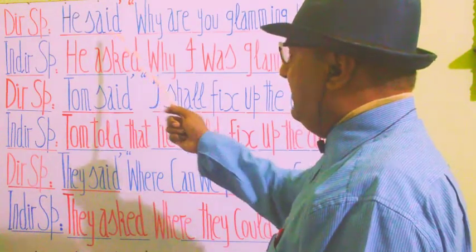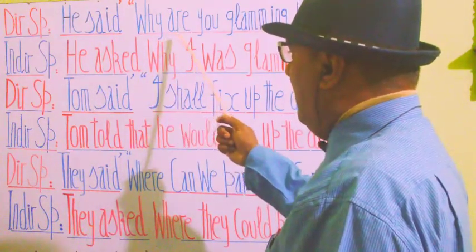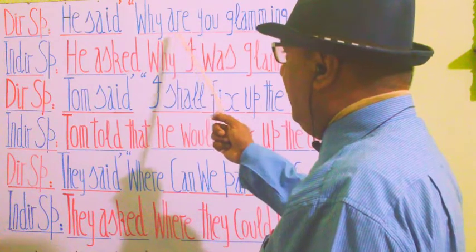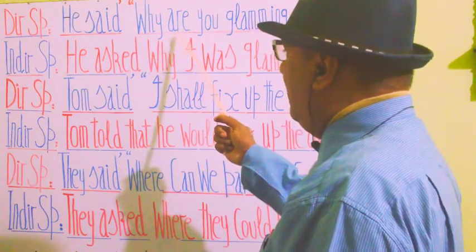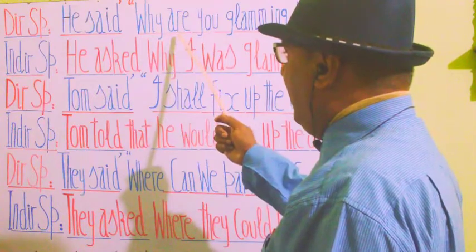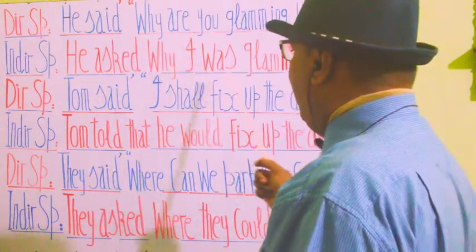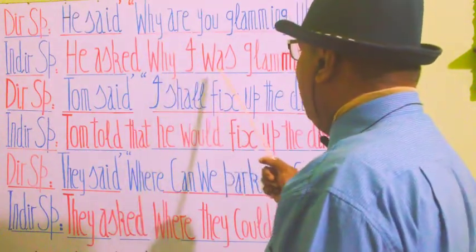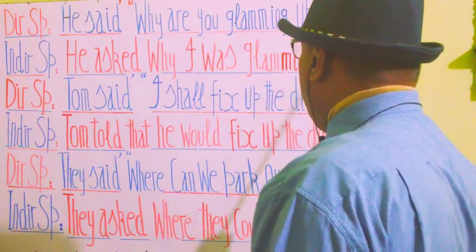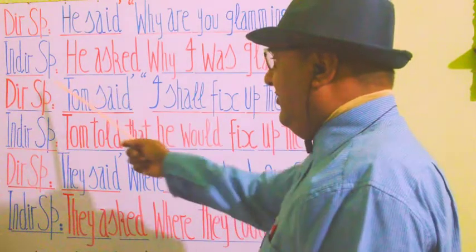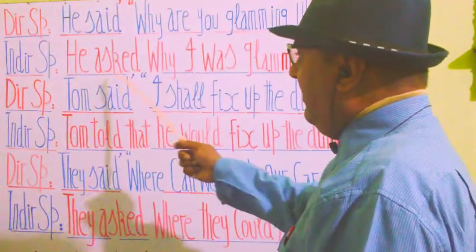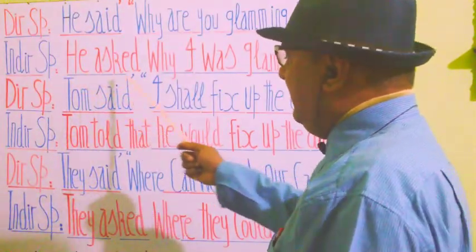If there's a past and inside the commas there's a present verb form, that present form will change into the past form. That's why we put here was: why I was glamming up. Full stop.